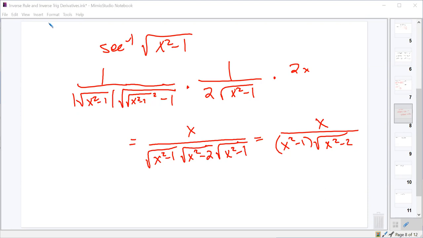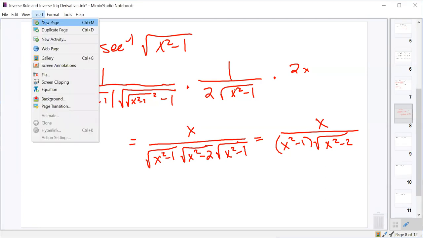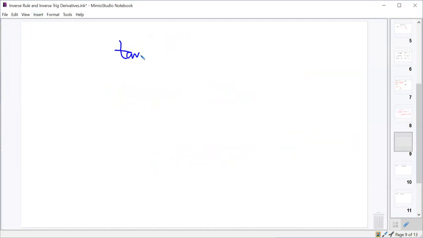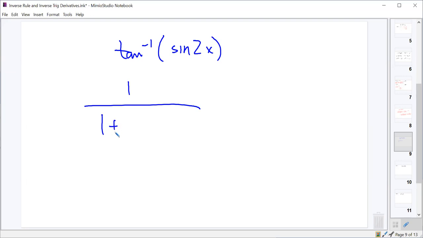All right, what was the other one? I think it was inverse tangent, is that right? Of sine of something, sine of 2x, 3x? 2x. 2x, okay. So inverse tangent means it's going to be 1 over 1 plus this sine of 2x squared, so sine squared 2x, times the derivative of sine of 2x.